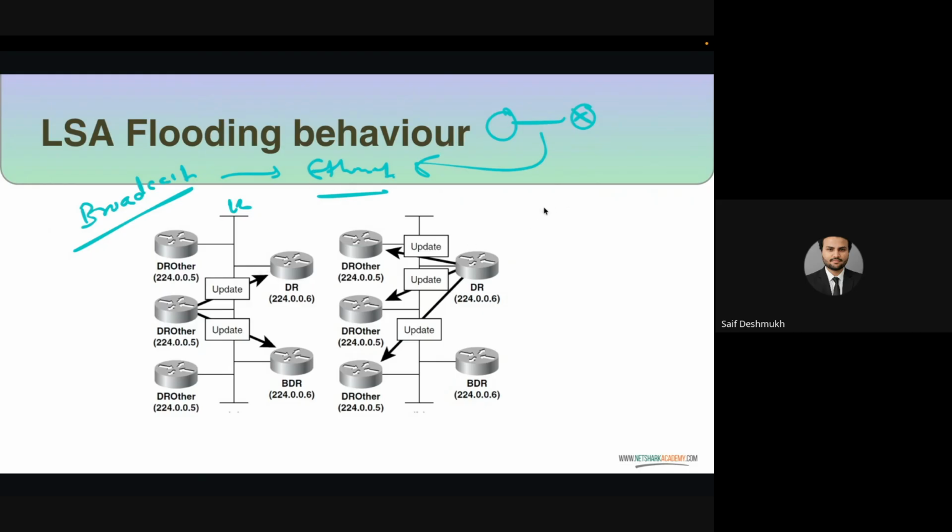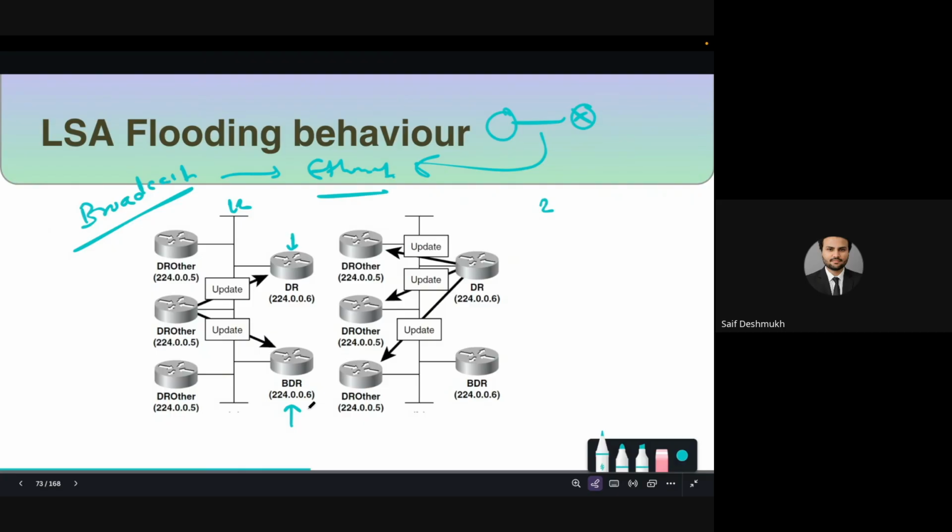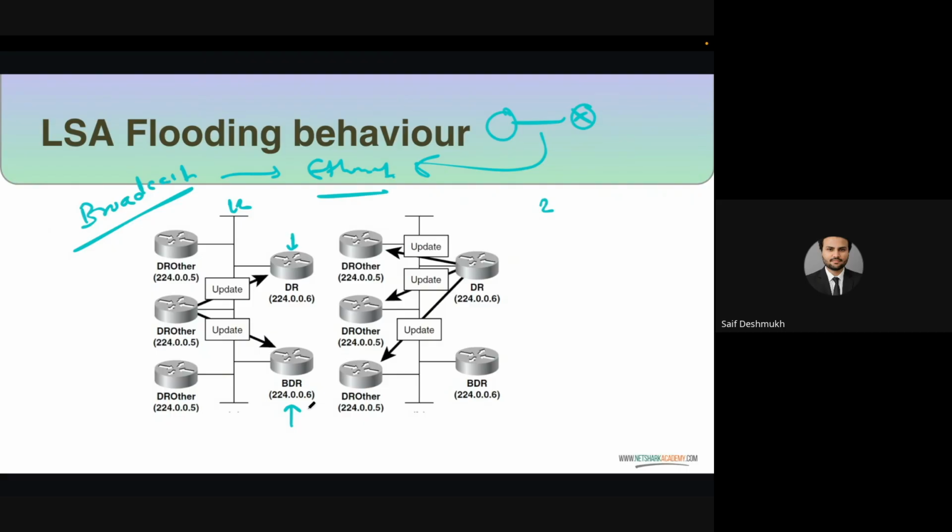That means it's going to work on broadcast. In the two-way state, they exchange hello packets, and one DR router is going to be elected, the designated router. Then a backup designated router is going to be elected. Their job is simple here.